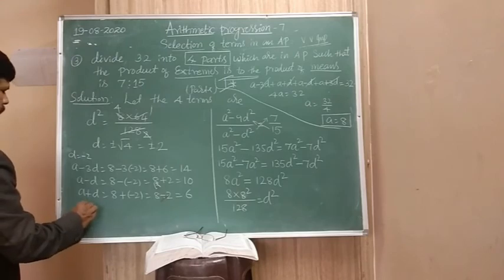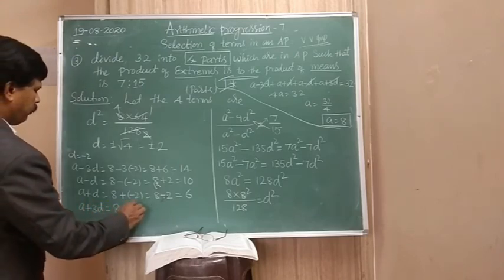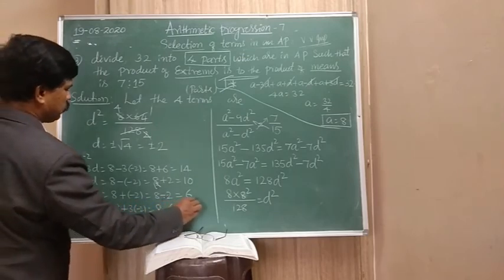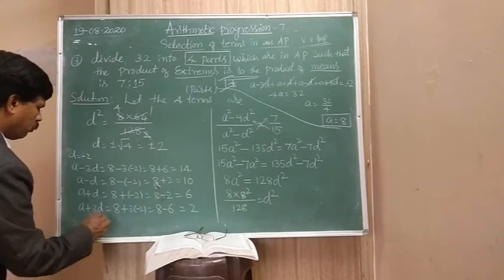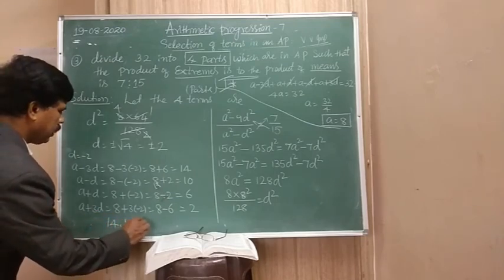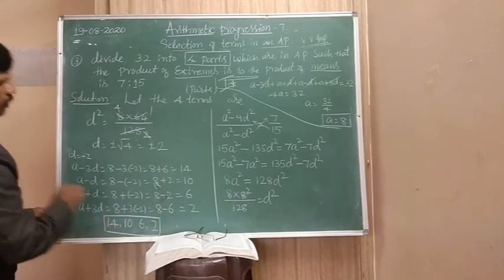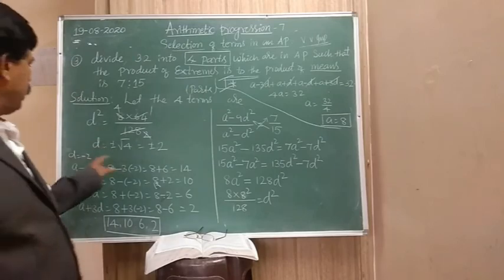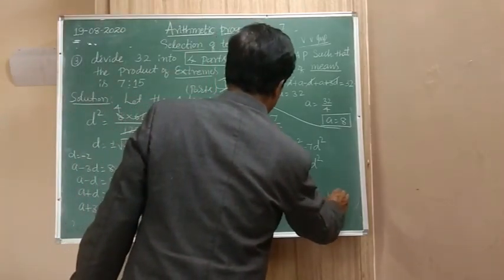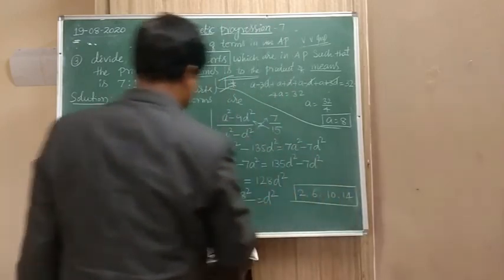Then a plus 3d, that is 8 plus 3 of minus 2, 8 minus 6 is 2. Therefore, the four terms are 14, 10, 6 and 2, in AP. Now when you take d as plus 2, you will get 2, 6, 10 and 14 as the four terms. Look at that.